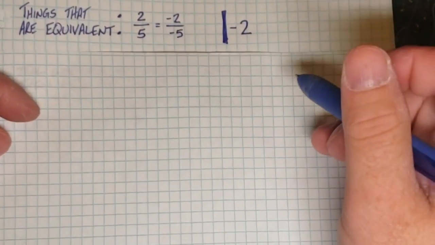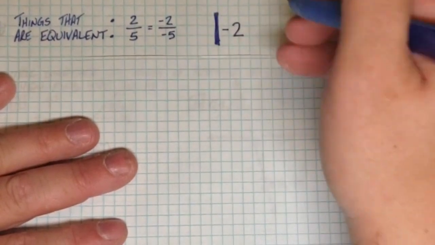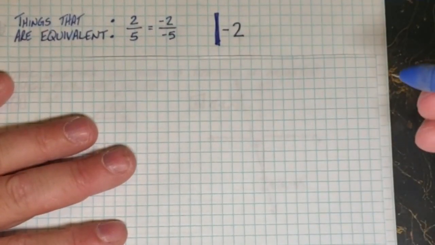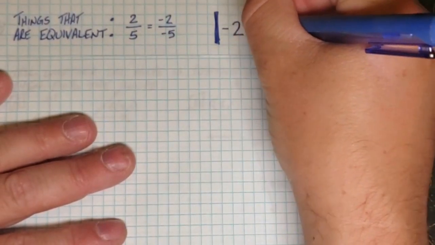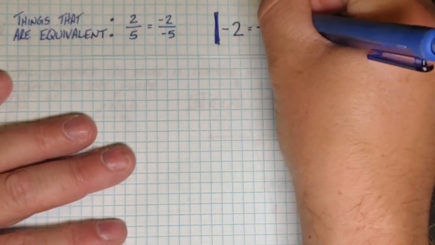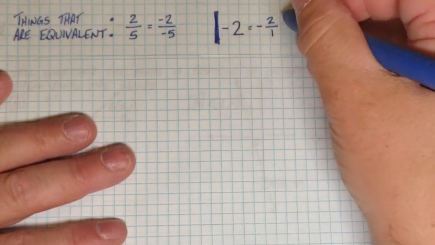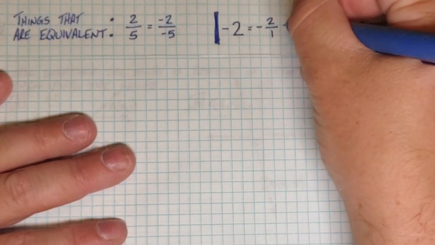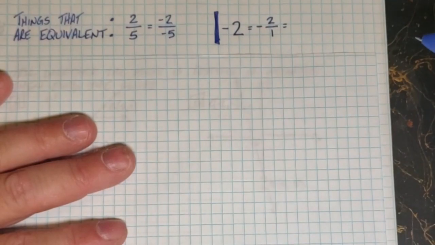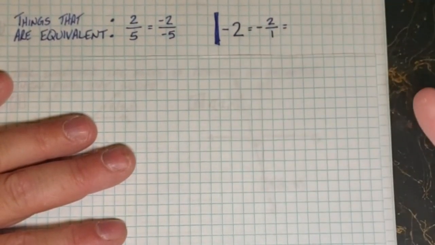Well, what about when it's negative? First of all, -2, if you're dealing with slope, you want a rise and a run. You want a numerator and a denominator. So we could change this to negative and then put 2 over 1. Well, which one of those is actually negative? You could have either of them be negative. They can't both be negative, because if they're both negative, then it's actually positive, and that undoes the negative.